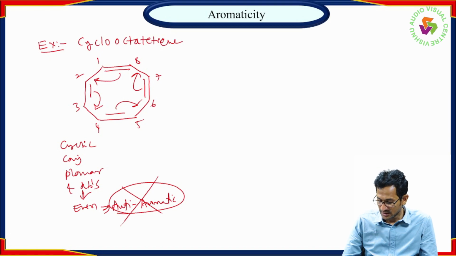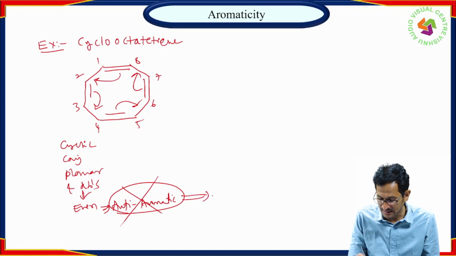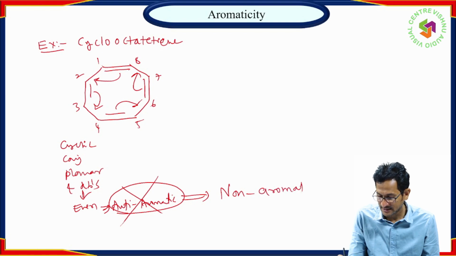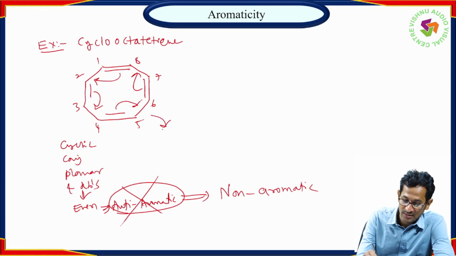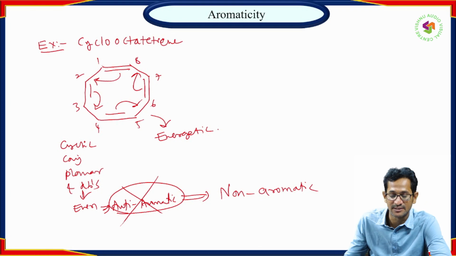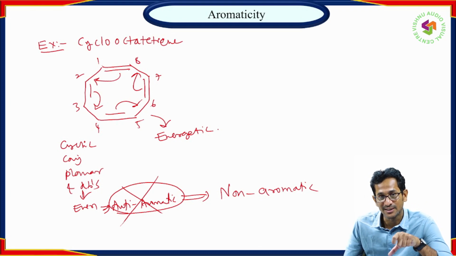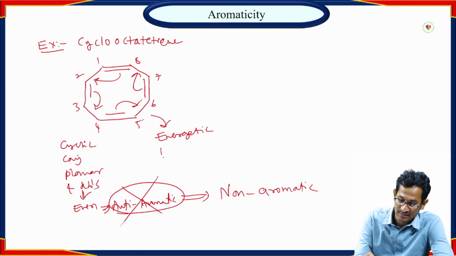Cyclooctatetraene is a non-aromatic compound because it is highly energetic and less stable.